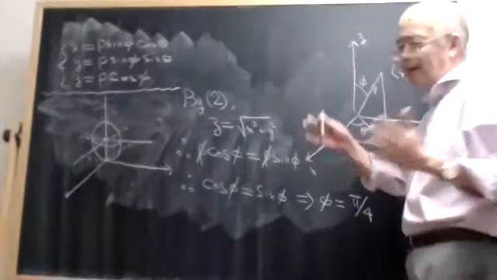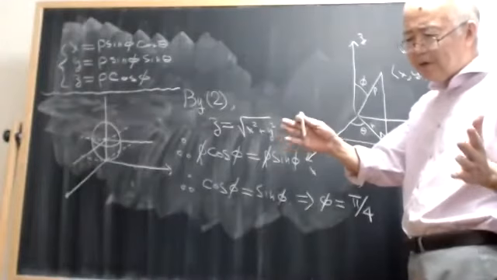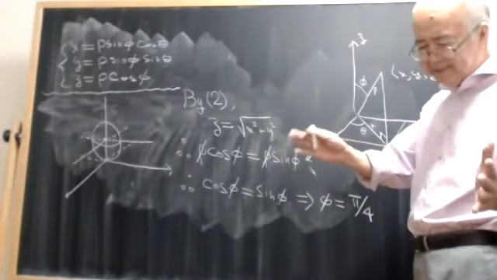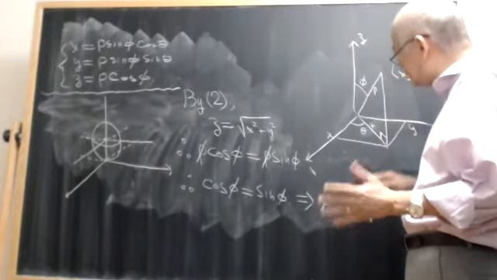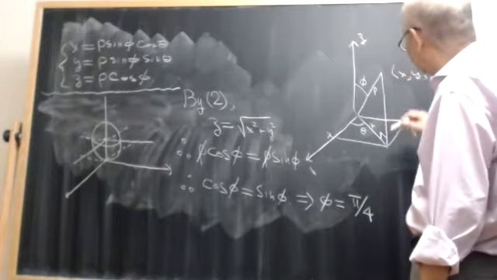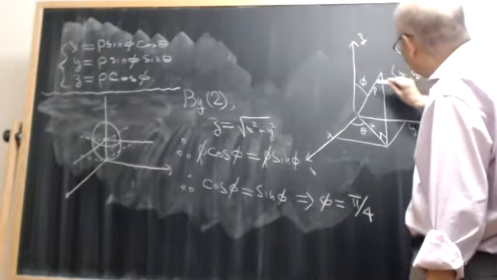But I said before, R is redundant. So I want to express this in spherical coordinates. So I look at this right angle triangle.